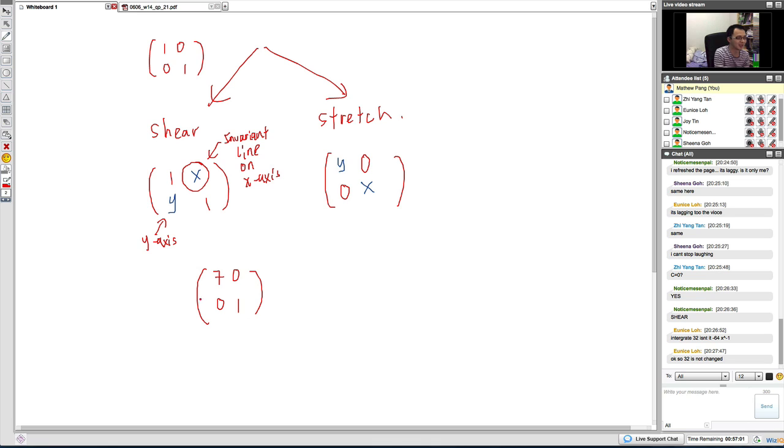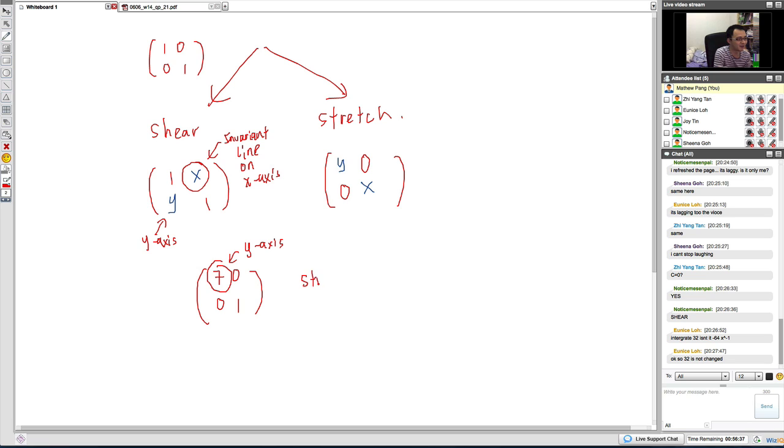Alright, let me give more examples to make you confused. Let's say I have 1 negative 5 and 0 1. This one, because 0 0 1, only changes one position, and I know this is shear because of this position.